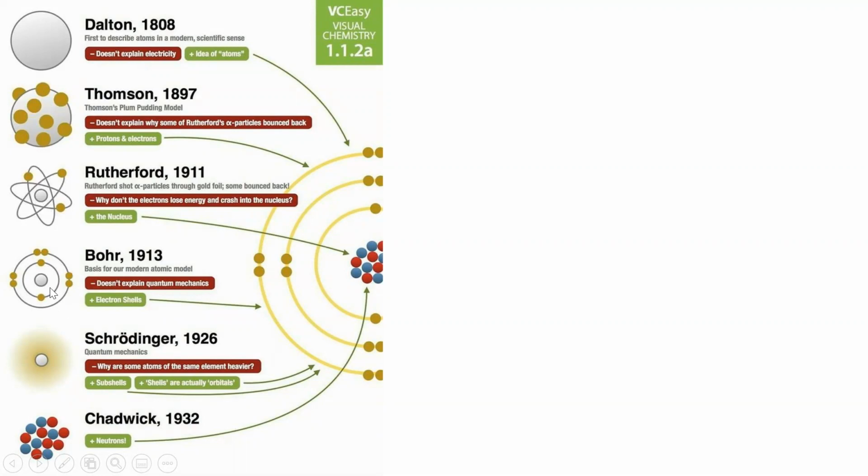We don't talk about Bohr, but we will talk about him next chapter. Bohr figured out a very specific electron configuration structure. So he built on Rutherford's. We're not going to talk about this one at all because that's really complex. It's for quantum mechanics. And then Chadwick discovered those neutrons, so we were able to add neutrons to the nucleus with protons.